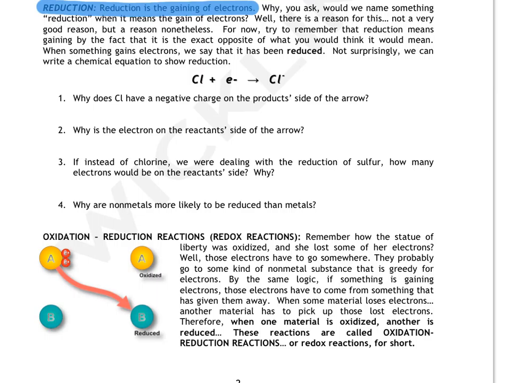If you're thinking about it, you might think that that's a really weird name, that you would use the word reduction for something that's gaining electrons. But just know that this isn't some weird mistake. This is definitely the name we meant to give it, but I'll have a much better explanation for you about why we would call reduction the gaining of electrons tomorrow. So in the next lesson, you'll understand more about that.